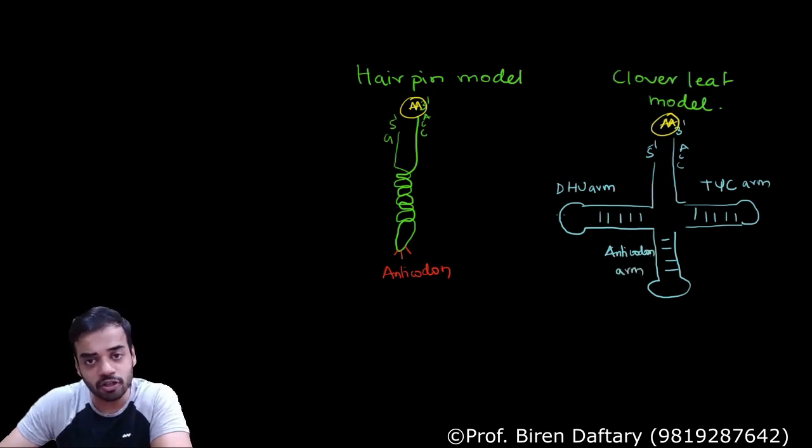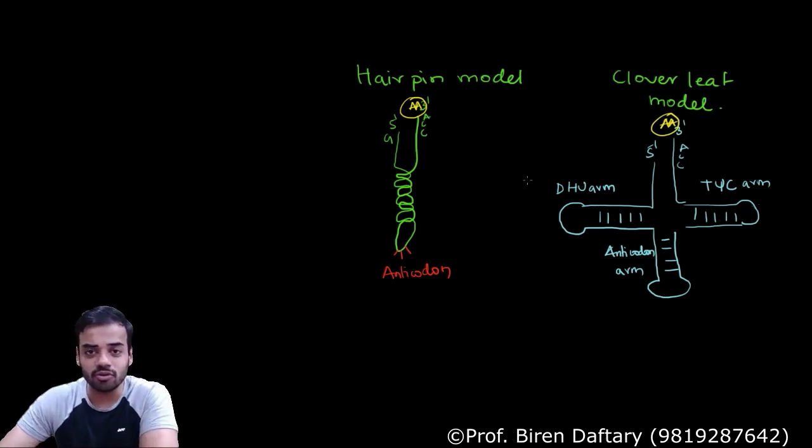Similarly, these loops are also given the same name: DHU loop, anticodon loop, T-Psi-C loop. Now coming to this DHU, I think I told you that these are basically different nucleotides. Dihydrouridine is the name of the nucleotides present over here.